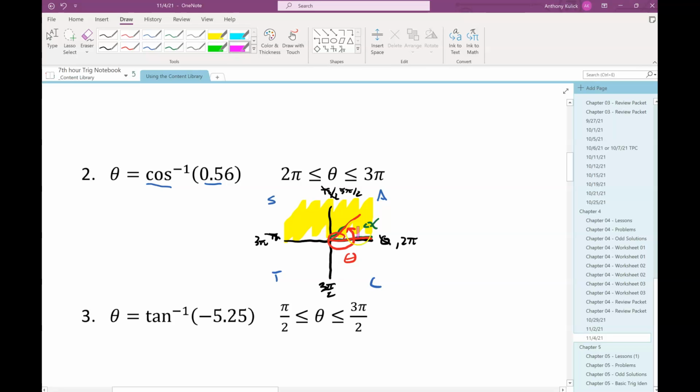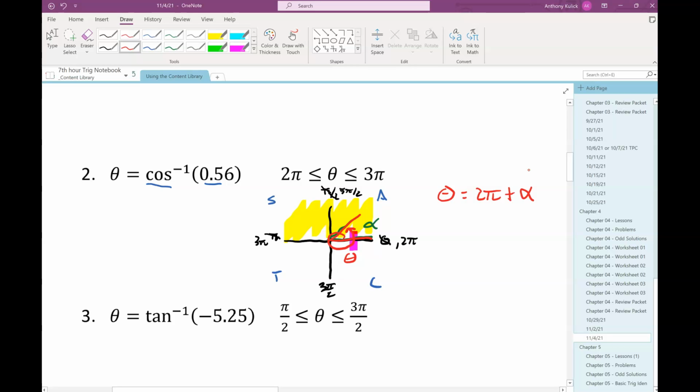And since theta was positive, and the last axis I pass through when I draw my theta is the horizontal, I can say that theta is going to equal 2 pi plus alpha. So it's plus alpha because theta is positive, and the last axis that I pass through when drawing my theta is the horizontal.